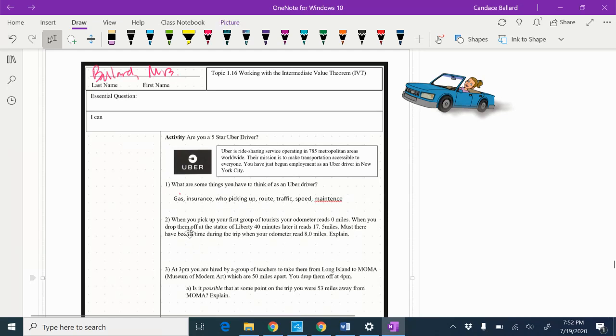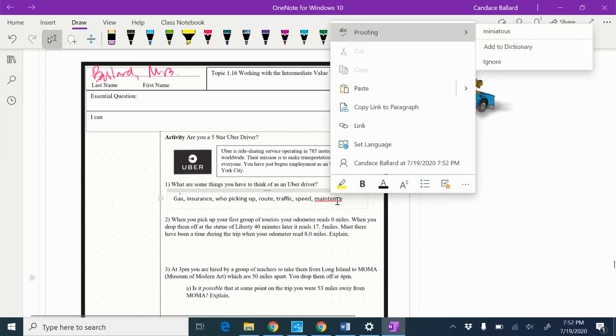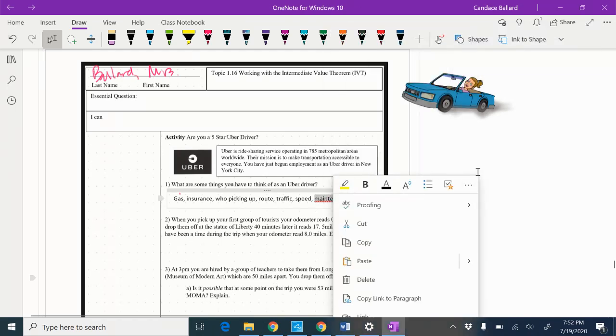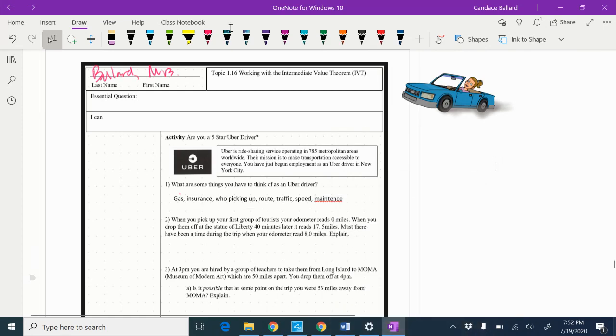All right. When you pick up your first group of tourists, your odometer reads 0 miles. I, of course, spelled this wrong. It reads 0 miles. So this right here would be considered your Y value.